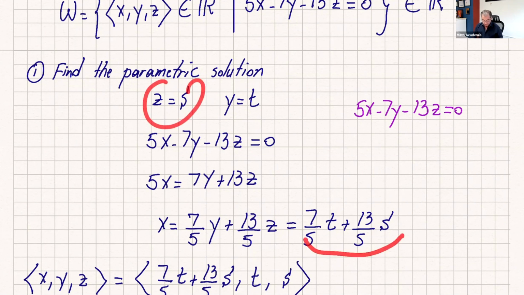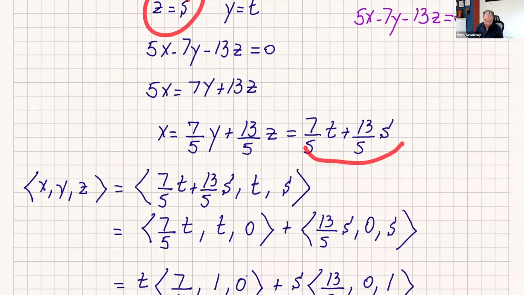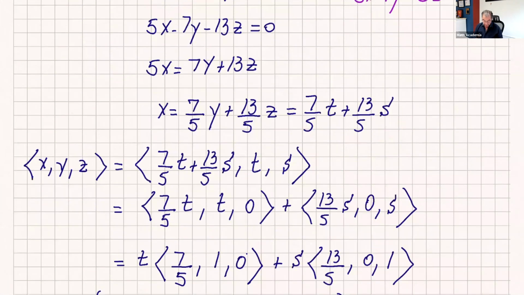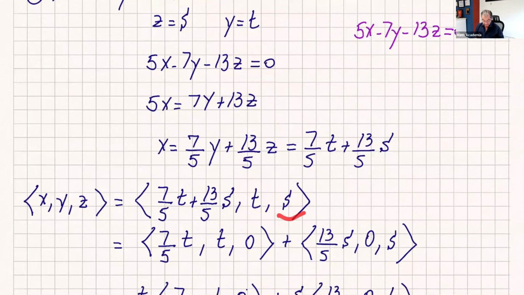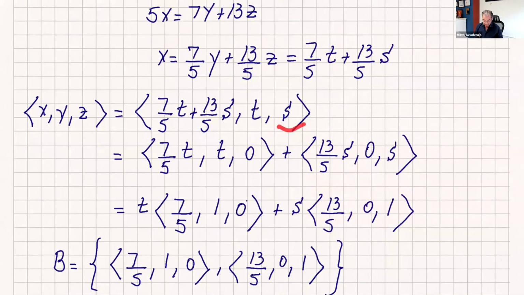Then X, Y, Z again, you write the components. Now the parametric components are going to be 7 over 5t plus 13 over 5s, and we said y is t and z is s. Separate them just like the last problem.